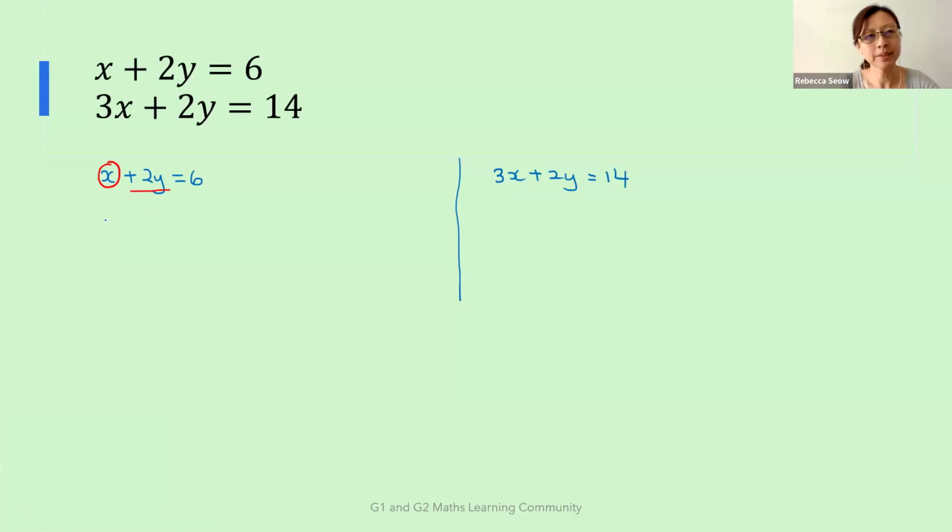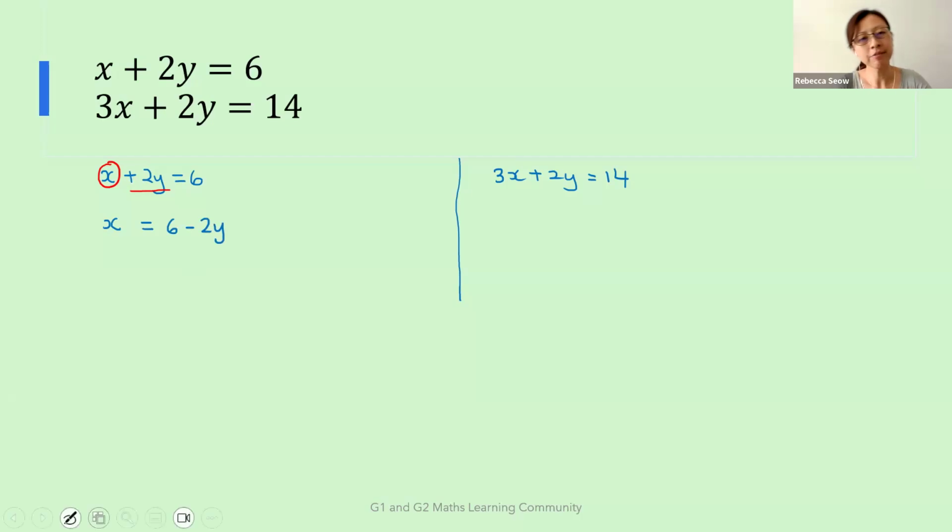How do I do this? My x remains. So if plus 2y term goes over to the right, it will be the sign here, instead of addition, it will be subtraction already. So it will be 6 take away 2y.